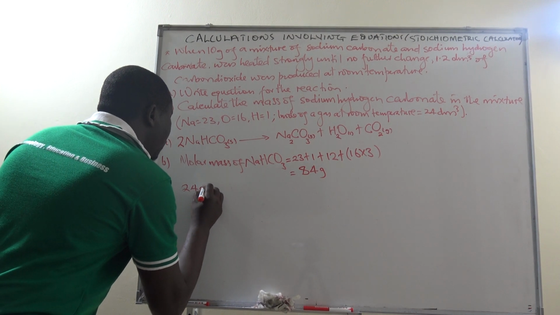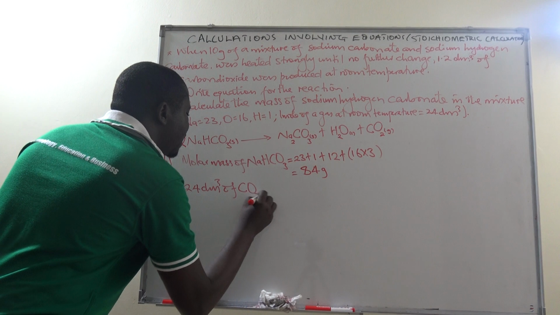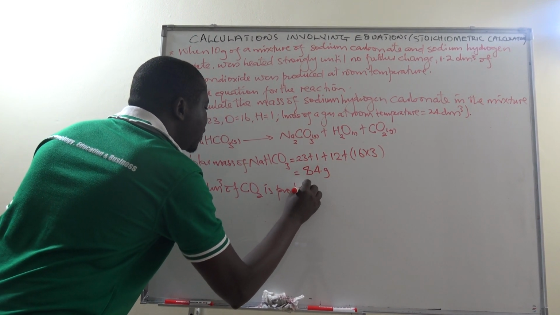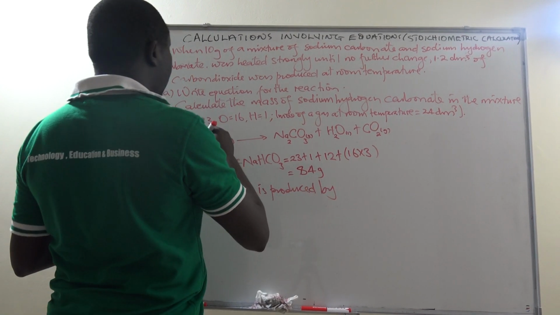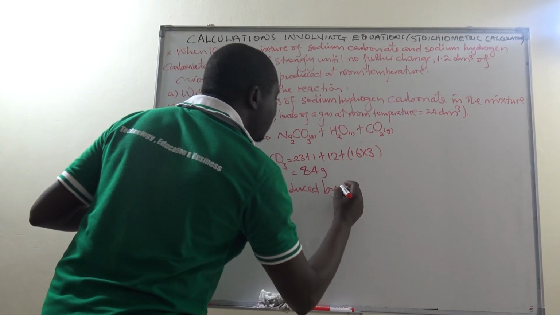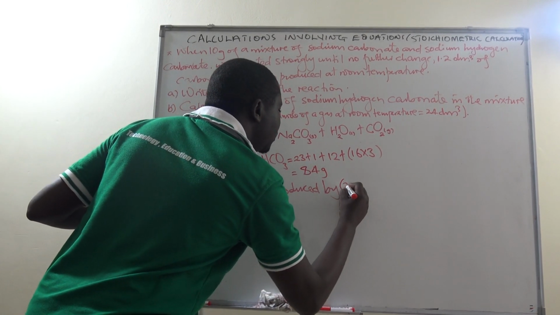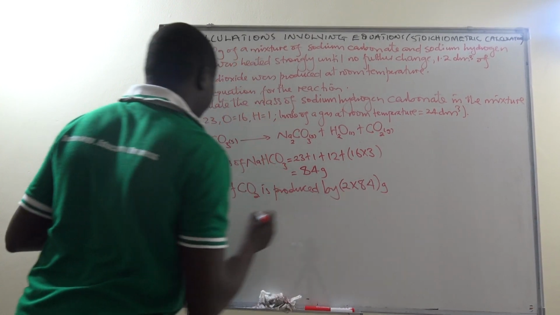So 24 cubic decimeters of carbon dioxide is produced by sodium hydrogen carbonate, 1 mole is 84 grams, but for the 2 moles as per this equation is 2 times 84 grams.